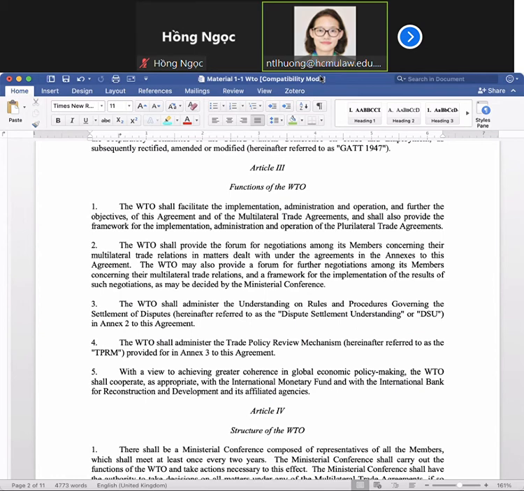Because I have mentioned before that dispute settlement is a very important requirement for any international trade or international organization to run smoothly, because it's a kind of weapon to scare the nations so that they have to respect the rules.